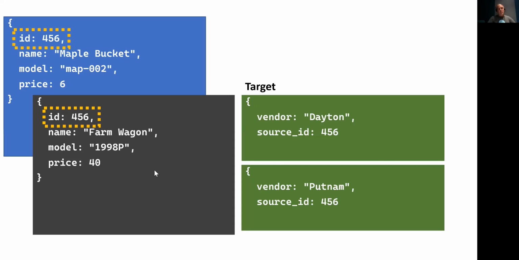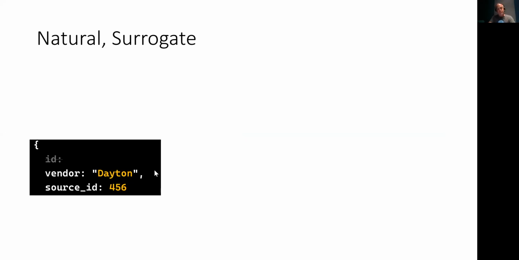So this brings us to a discussion of surrogate versus natural keys in the destination. So a surrogate key is a key that is composed of one or more fields that uniquely identify the record. We already saw in this simple example that a single field didn't work.